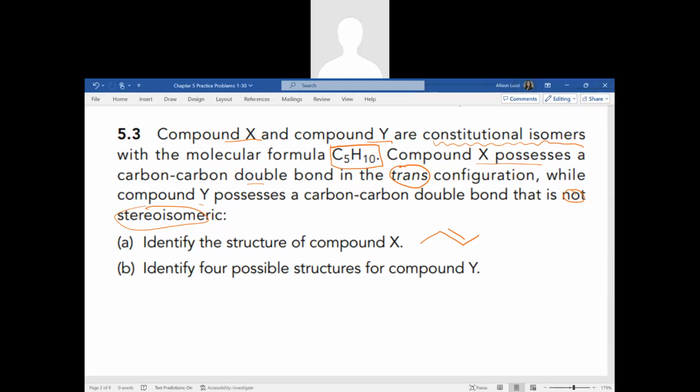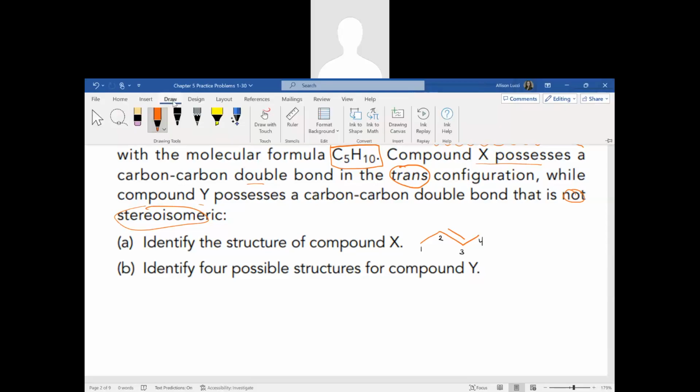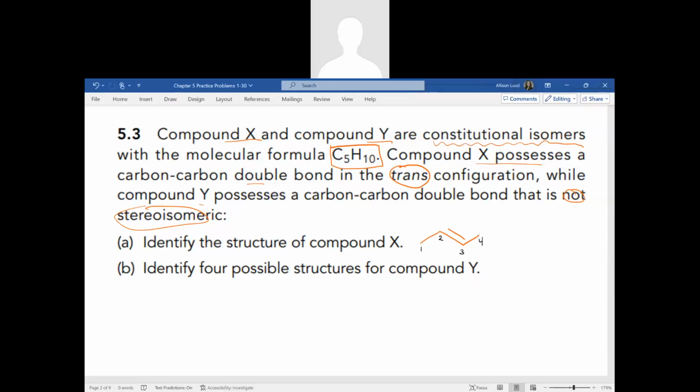Since we're told this information about the trans double bond, we know that this would have to use up 4 of our carbons. Let's think about where to put our 5th carbon from the chemical formula. We need one more, and on either carbon 2 or 3, this would create the same group in one of those vinylic positions.